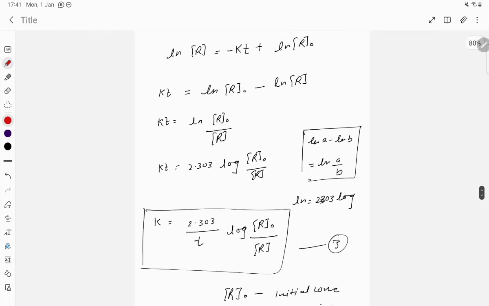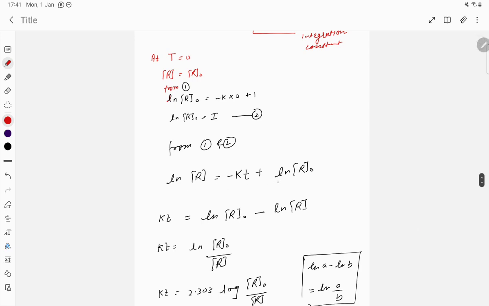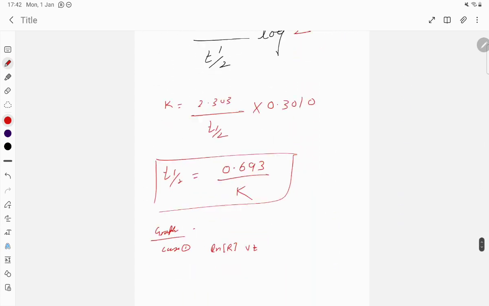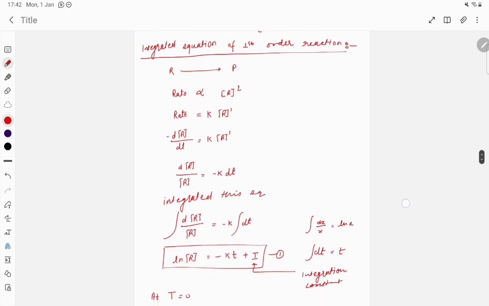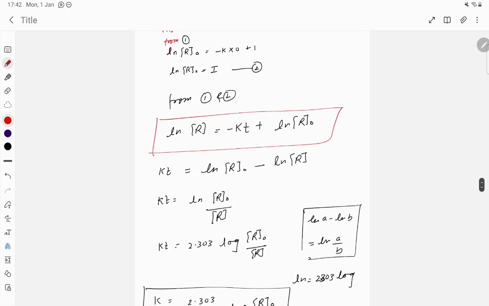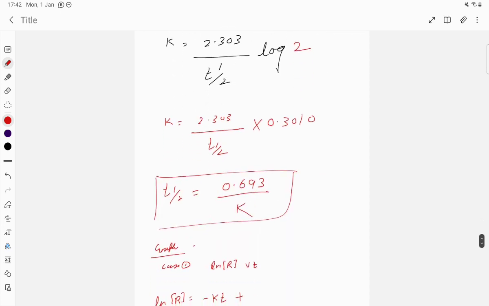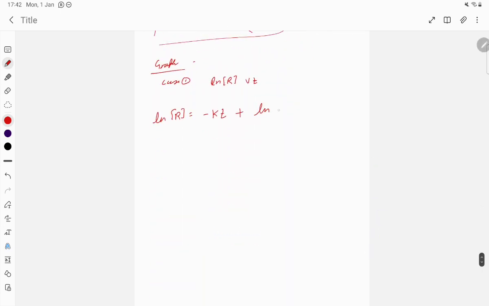Which equation can we use? ln r, this is y is equal to mx plus c, this equation we can use. ln r is equal to minus kt plus ln r naught, this we can use. So y is equal to mx plus c.